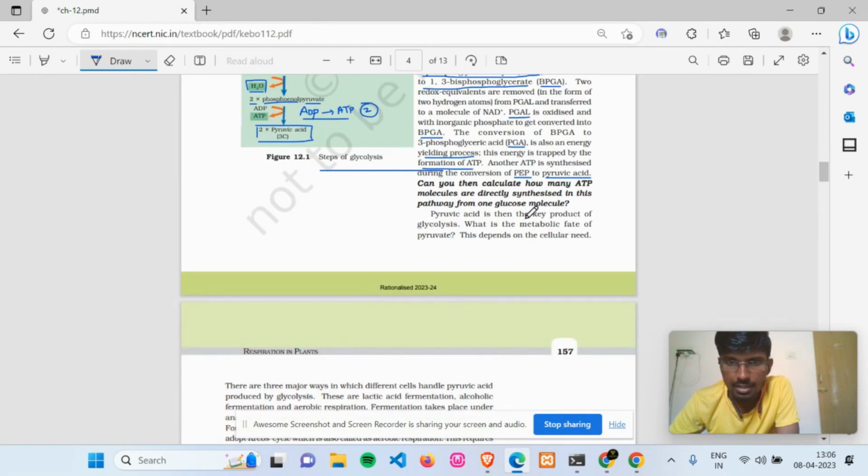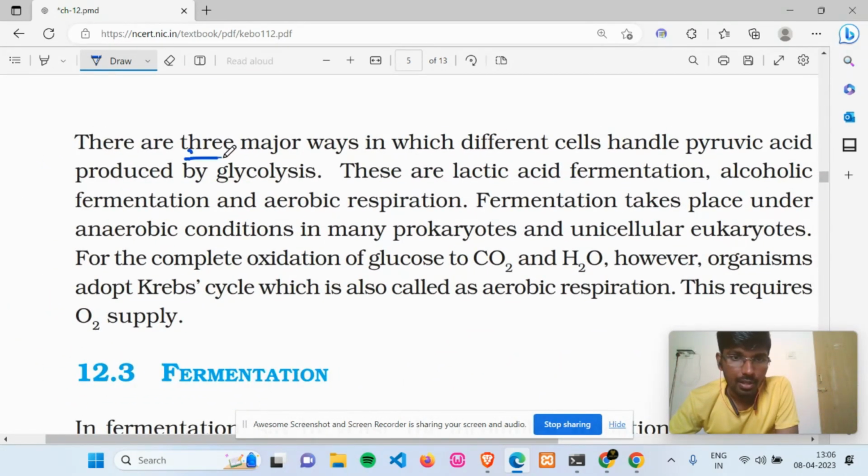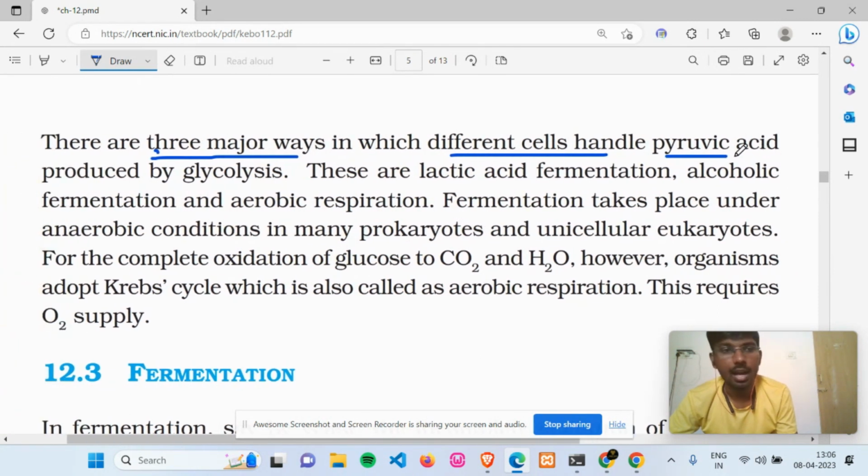The pyruvic acid is the key product of glycolysis. Very important: what is the key product of glycolysis? What is the metabolic rate of pyruvate? This depends on the cellular need. How much a cell needs, that much speed the metabolism takes place, and the pyruvic acid is formed as an end product. There are three major ways in which different cells handle the pyruvic acid produced by glycolysis.